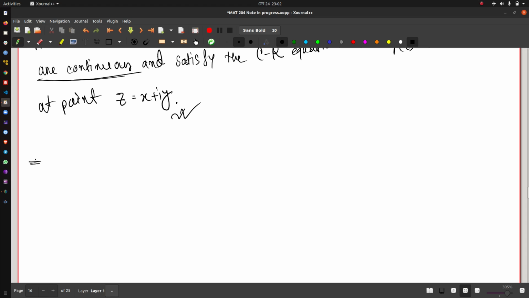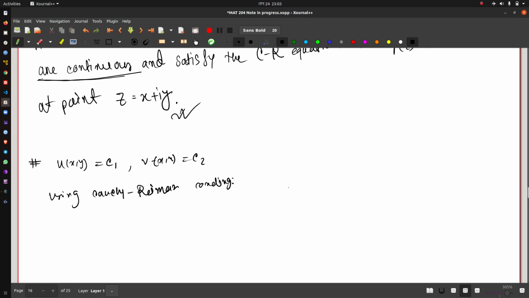A consequence of the Cauchy-Riemann equations can be seen if you have some curves labeled by, let's say, u equals c1 and v of x, y equals c2. Using the Cauchy-Riemann conditions, one can show that, with the gradient, the gradient of u dotted with the gradient of v would actually equal 0.